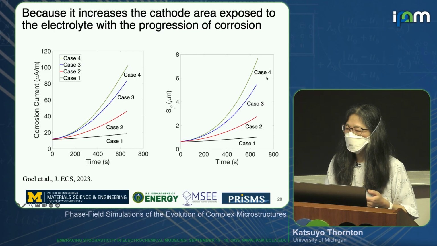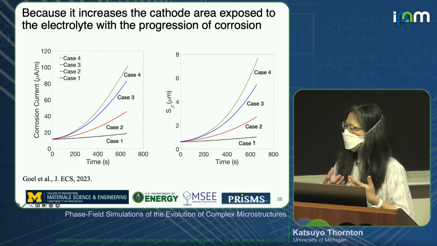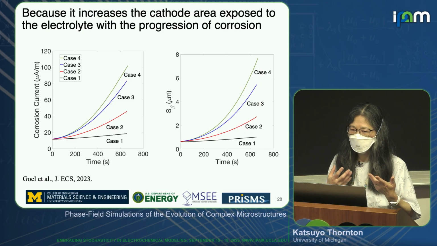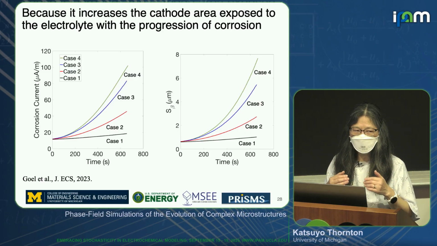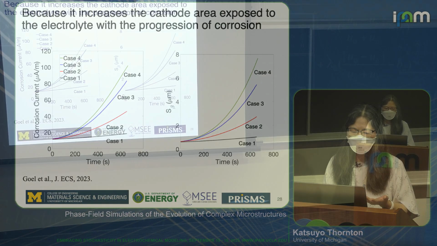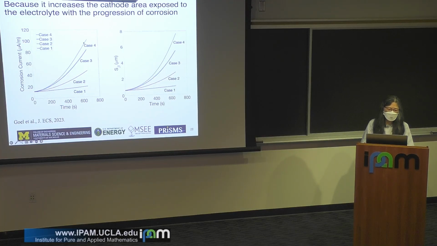Case 3 and case 4 start to have, at some point, a nonlinear effect, especially because of the limiting current. Because of diffusion, you start having difficulty corroding at the same rate. And that slows it down, and you see that this increase is less than what you see over here.